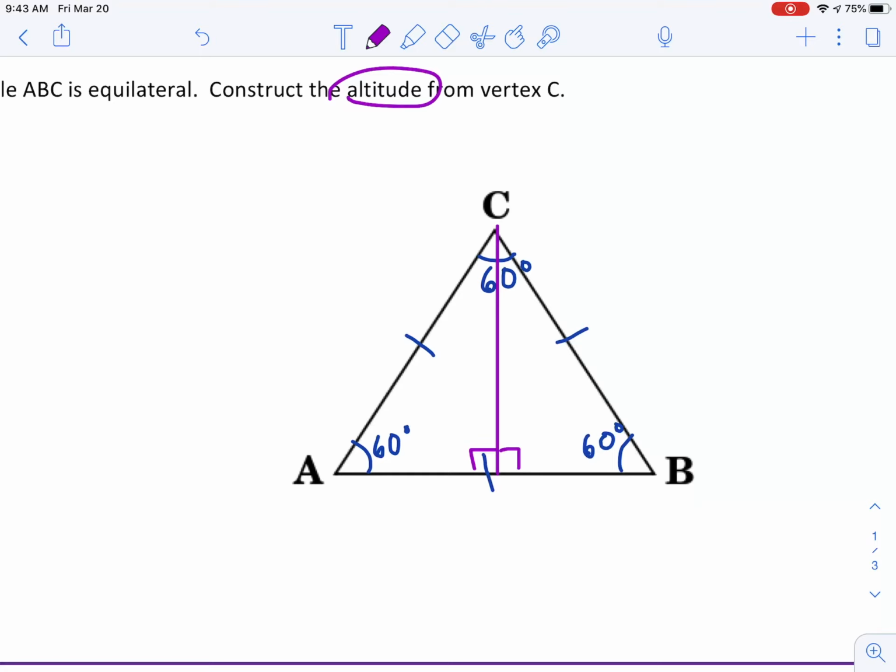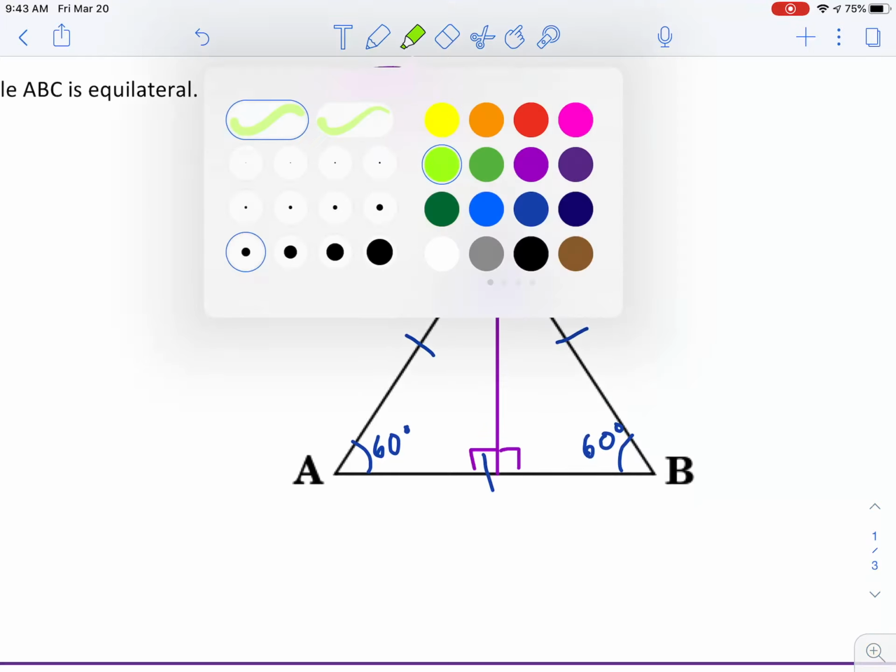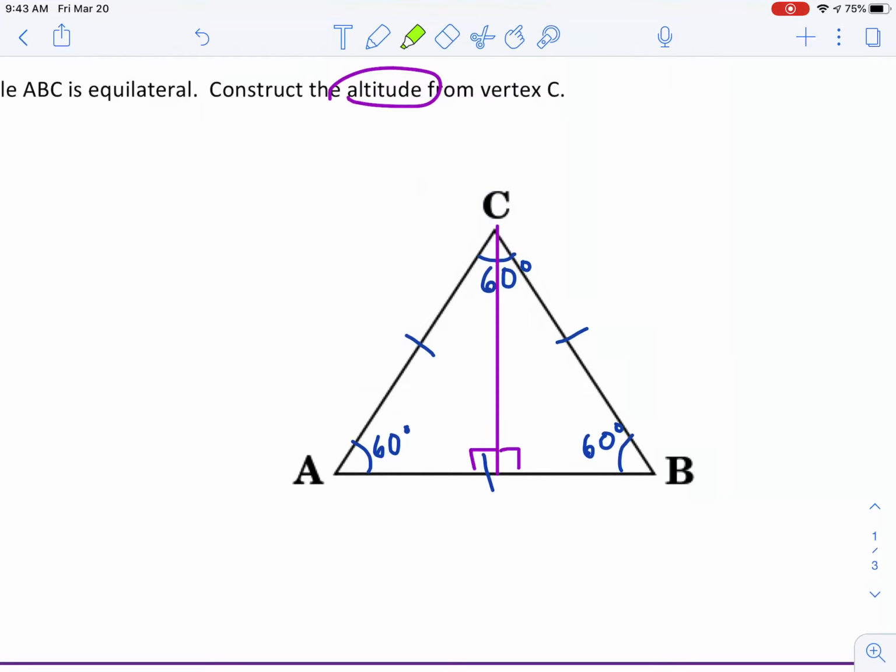Okay, so now I'm going to get into creating the special right triangle. So right now you should notice that we have two right triangles, and they are congruent by one of many reasons, but you could do side angle side or angle side, any of those.